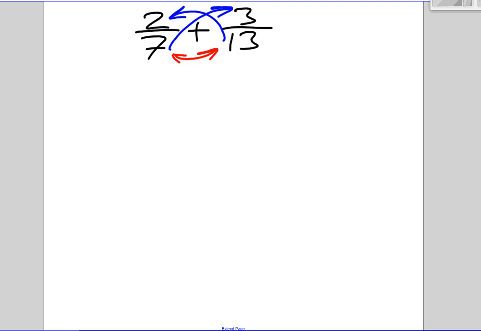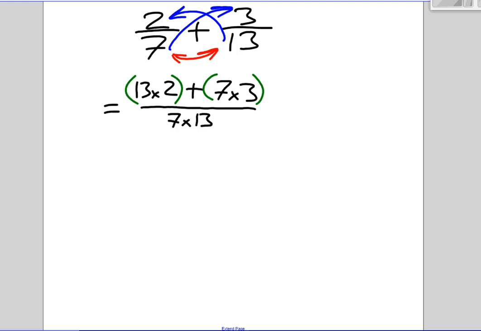This one here, I'm going to do a wee bit quicker. So I've just put in my little arrows here. The bottom one in red, if you've not got a black and white telly. So I'll get 7 times 13 in the bottom. Then I'm going to bring the 13 up to multiply the 2, and the 7 up to multiply the 3, as indicated.